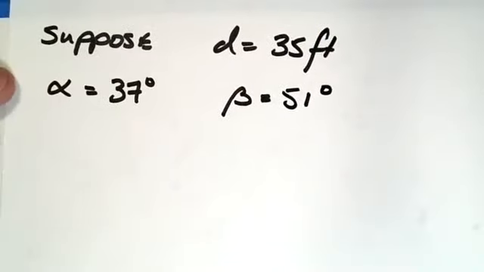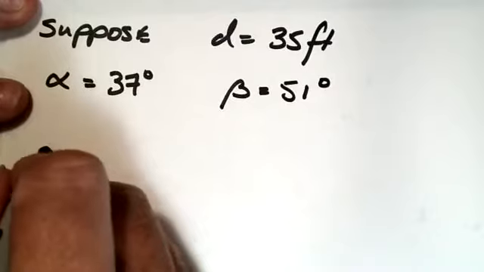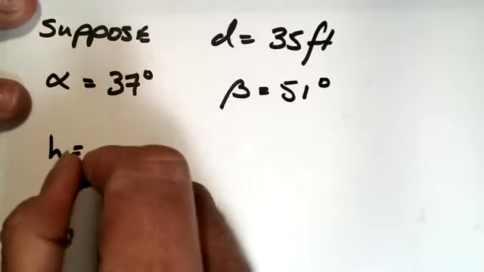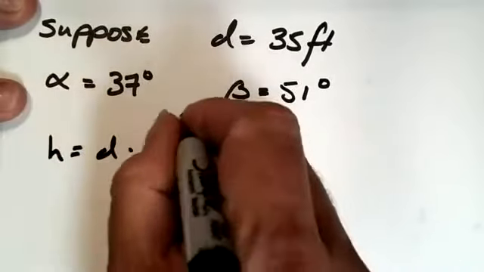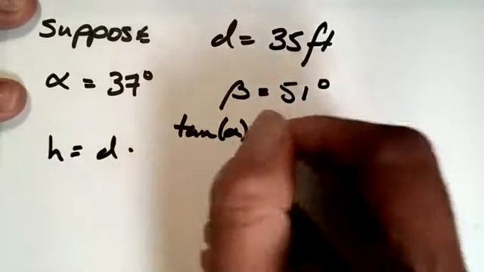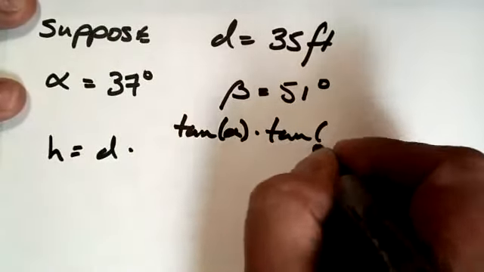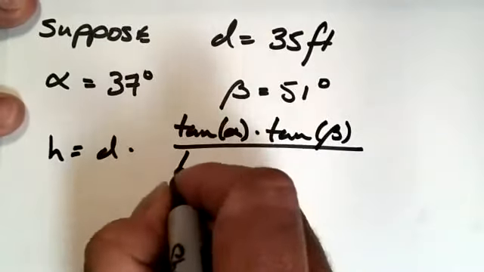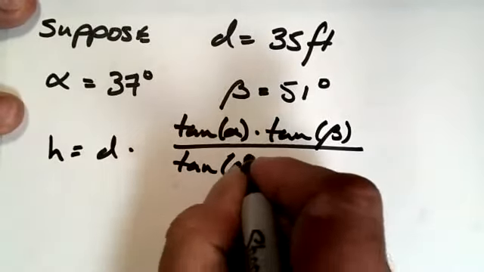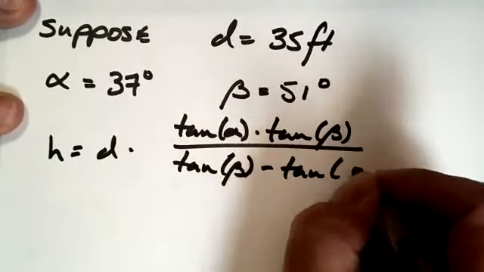So we're going to find H. Okay, so remember, H is equal to D times tangent of alpha times tangent of beta over the difference tangent of beta minus tangent of alpha.